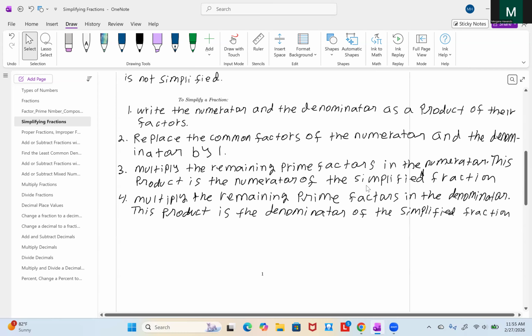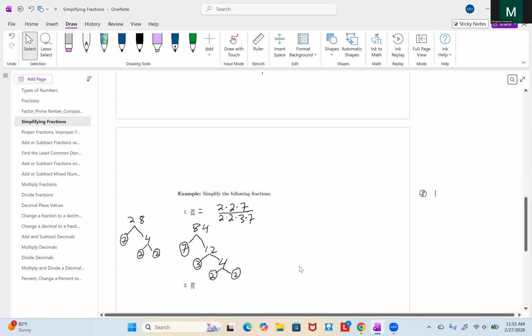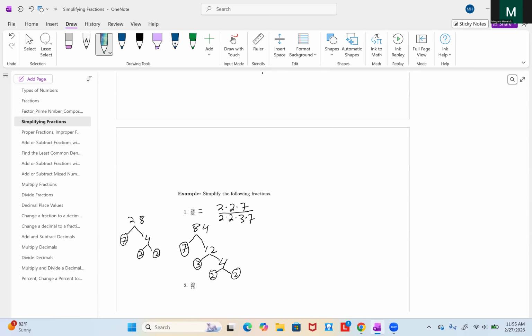Number 2, replace the common factors of the numerator and the denominator by 1. So the common factors, we replace them. 2 is a common factor, so this 2 becomes 1, and then there's a 2 here that becomes 1. And then there is another 2, so that also becomes 1, and this 2 also becomes 1. And the 7 is common to both, so we replace those by 1.